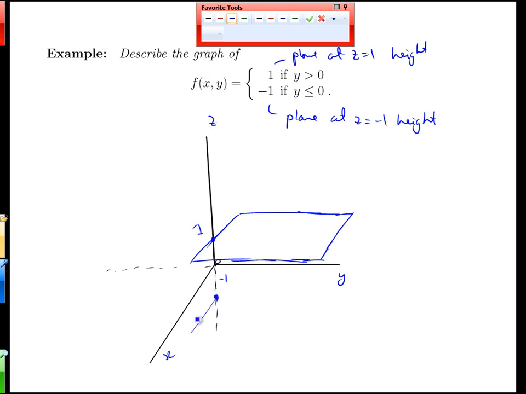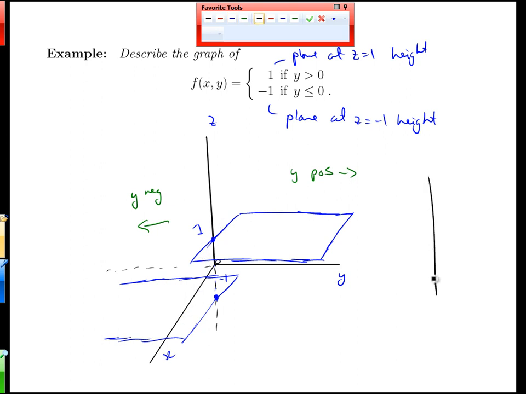And then we also have a plane at height -1, which occurs where y values are negative, that way. And the y values are positive as we move towards the right.